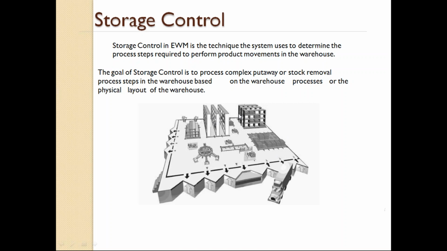Similarly, when you are dispatching the product, you have to pick, take it to a packing station, then stage it, and then do the loading. So sometimes this process flow is based on the processes, right? This process has to be done, then the next process, then the next process.